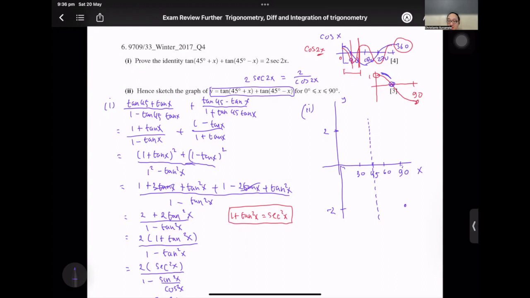That means when we do the reciprocal, it will become increasing. It will increase. And so do the negative. When it's at 45, it's infinite, and then it will increase until negative 2. So this is the sketch.